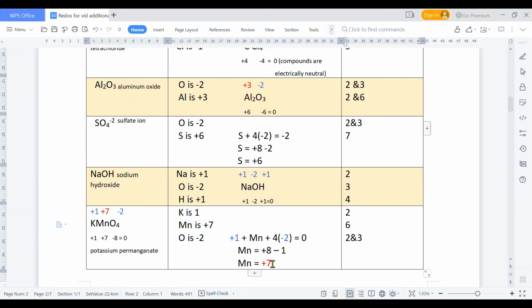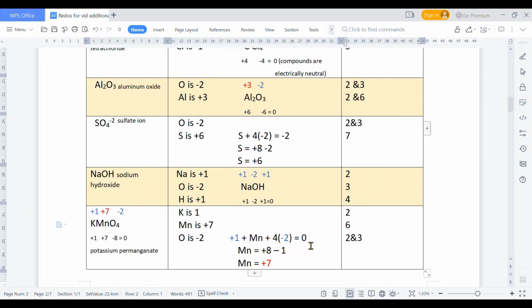So here we're gonna solve it. So potassium, just follow this format. Potassium is +1 plus manganese, that is our unknown, plus the subscript will become the coefficient 4 oxygen times the oxidation state, which is -2, is equal to 0.